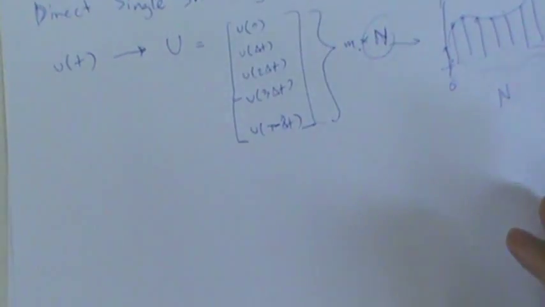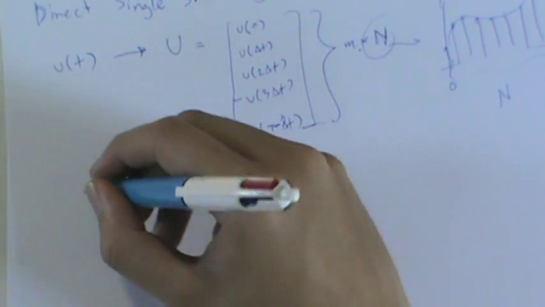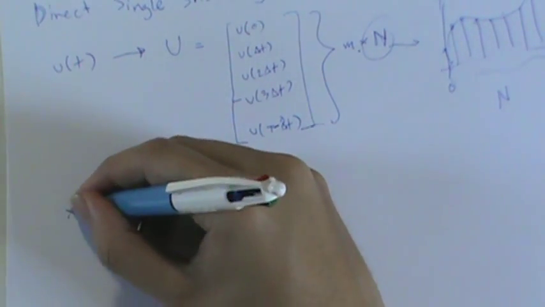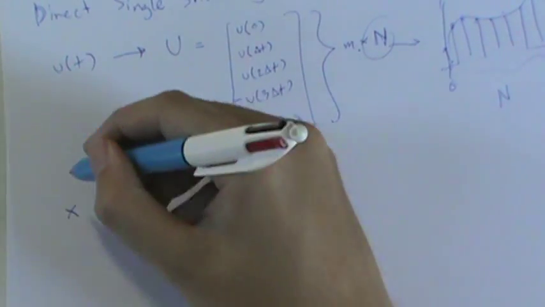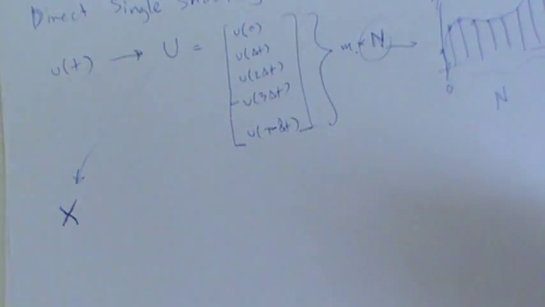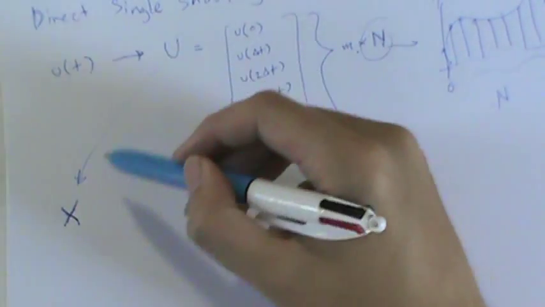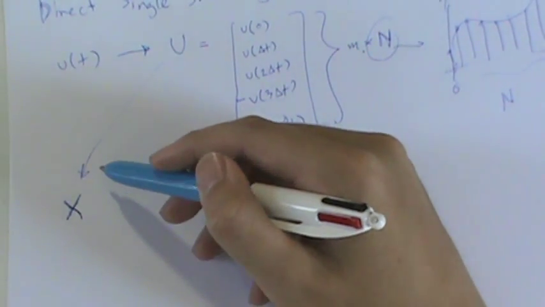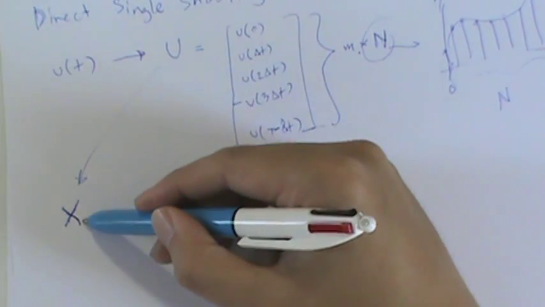Now what you do is simulate the discretized x corresponding to this, so you will get capital X, which is the corresponding state trajectory. How can you simulate this?